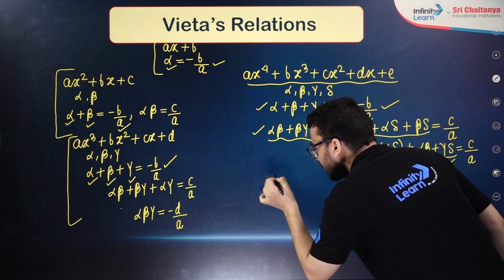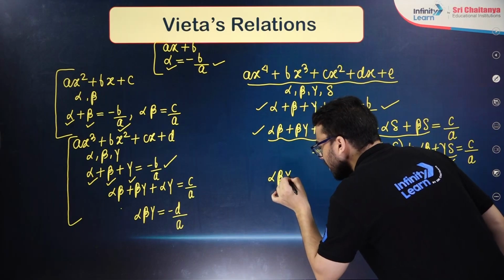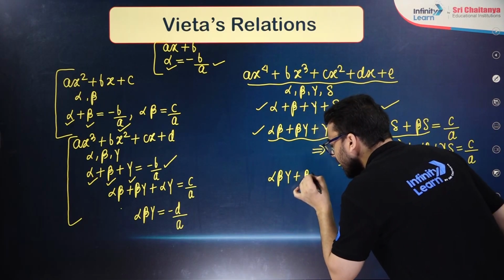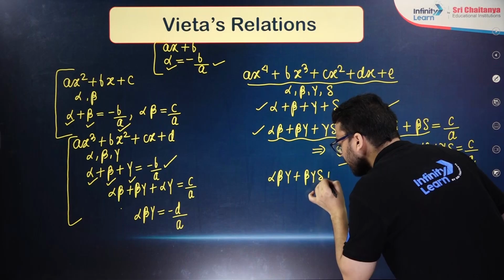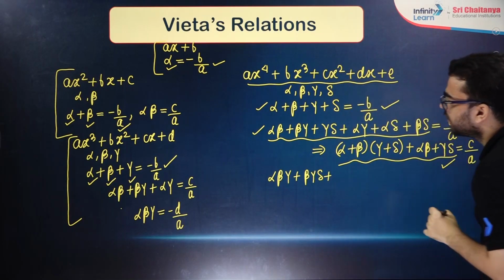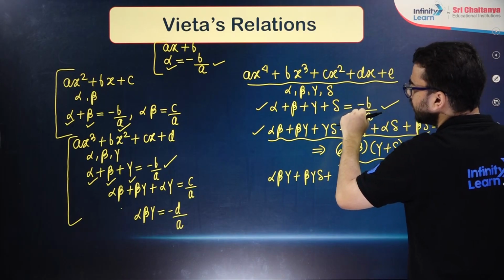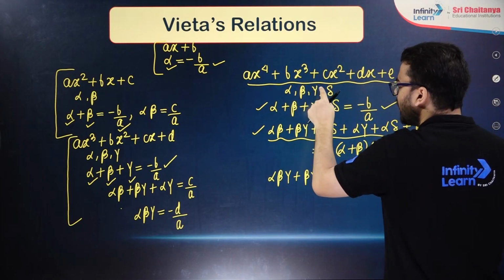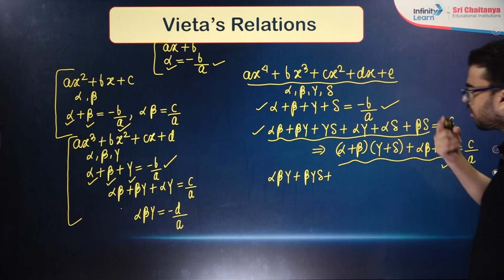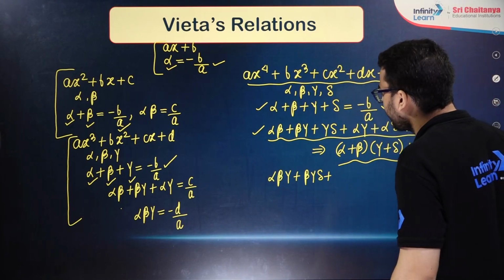3 zeros at one time will be what? Alpha, beta, gamma, and then what will you have? Alpha, beta, gamma, then you will get alpha, gamma, delta, if I'm not wrong, just check it properly.